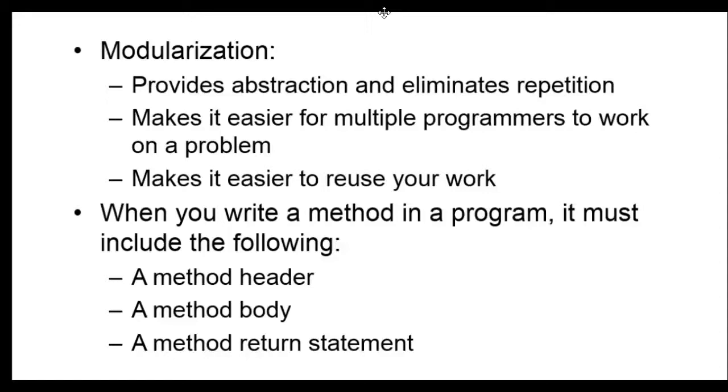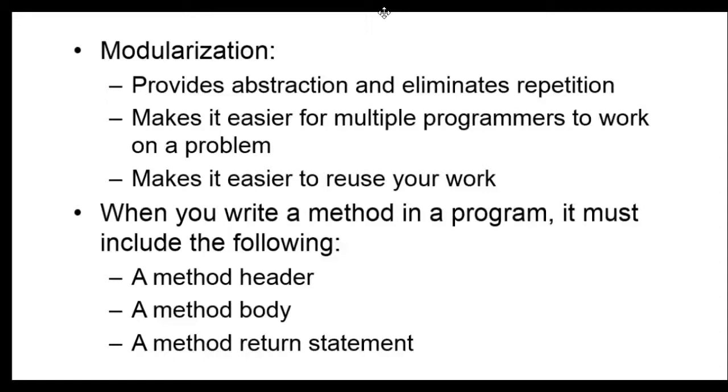Because what we want to do is eliminate repetition. If we have to do something a couple of times, maybe we can come up with a method to stop that or make it a little easier to deal with.